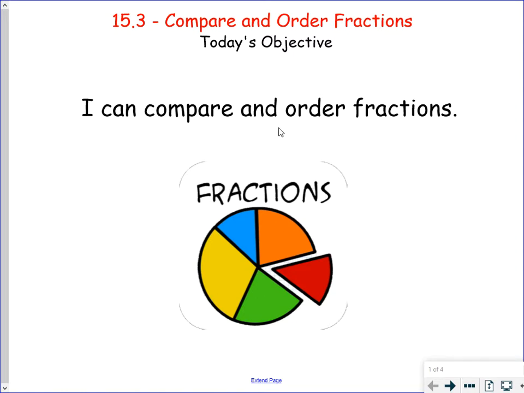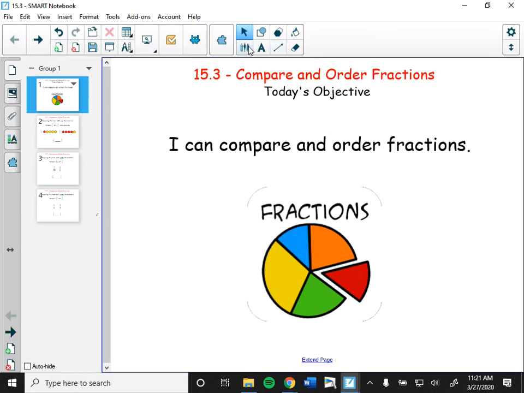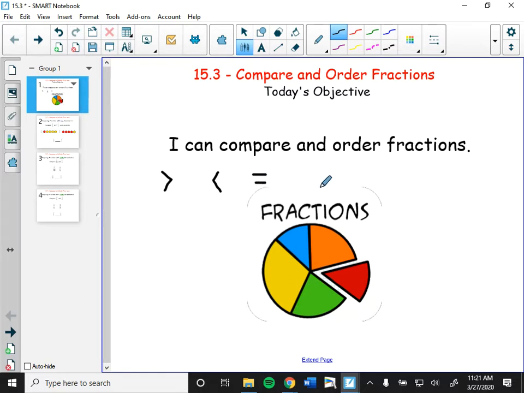We're going to be using the greater than, less than, or equal to signs to help us with our objective today. So let's get started.